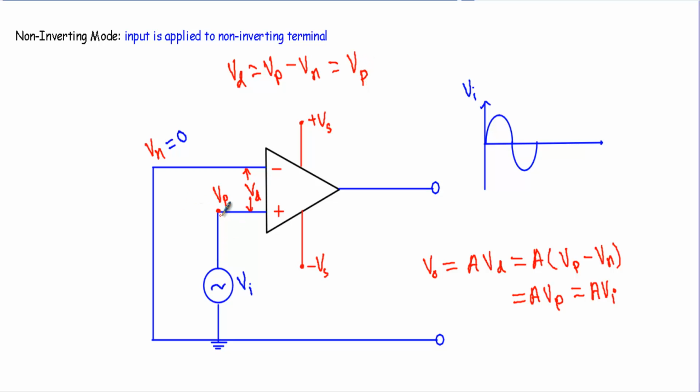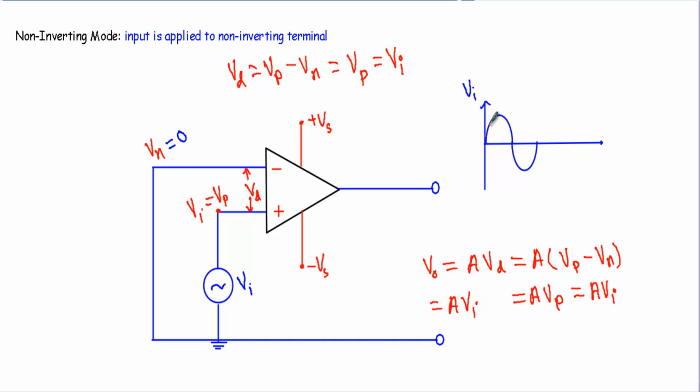Vp is the voltage difference between the non-inverting terminal and ground, and I am applying the input voltage at this terminal, therefore Vp will be equal to Vi, and Vd will be exactly equal to Vi. Therefore the output voltage Vo equals A Vd, which is equal to A Vi.